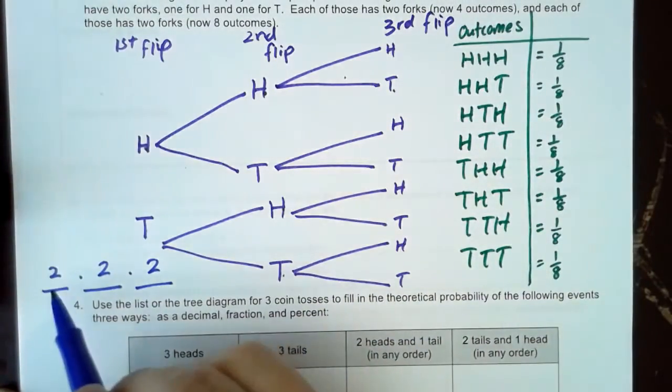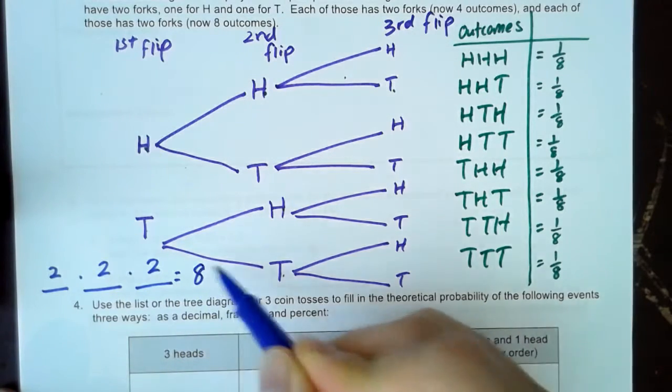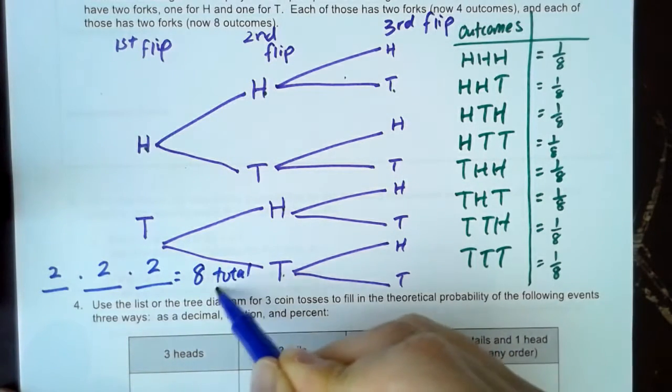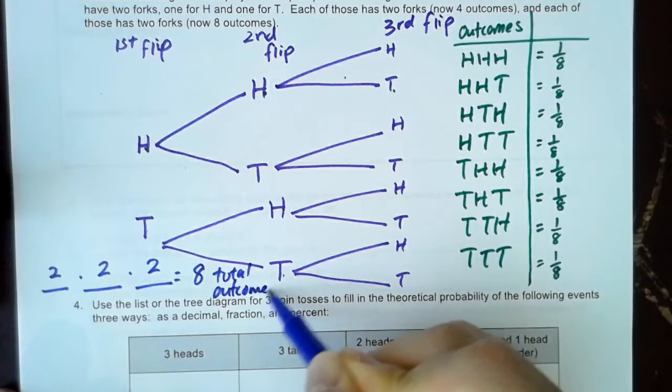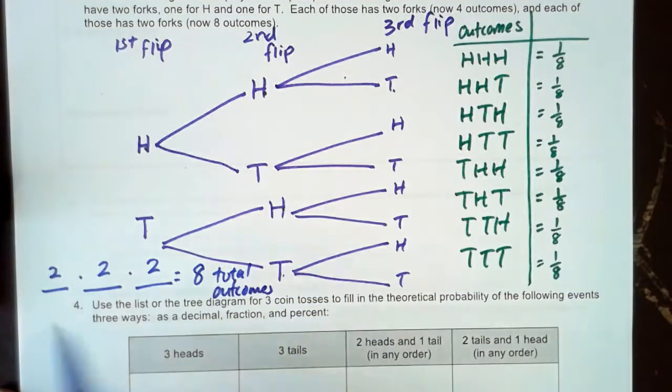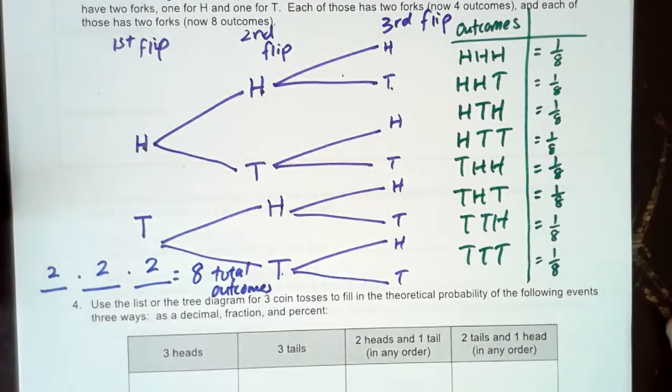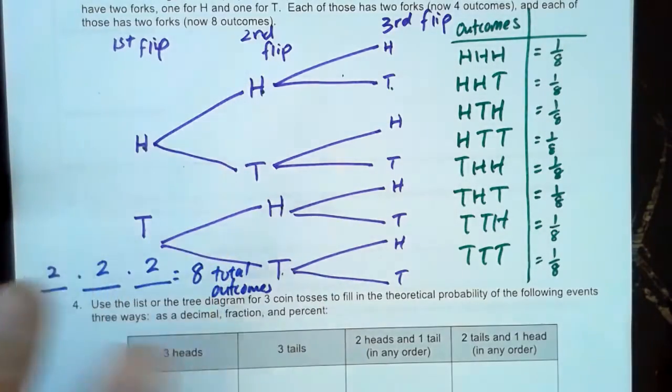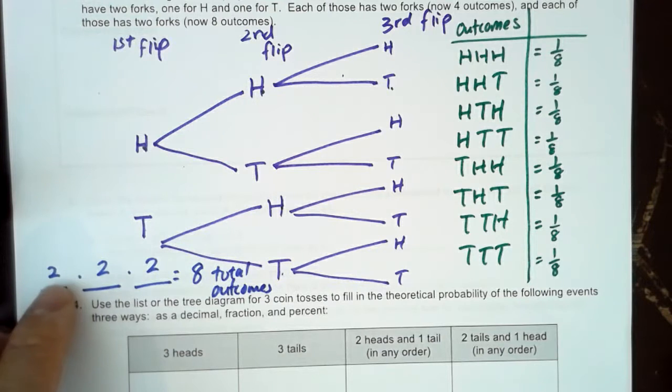And that's exactly why we had a total of 8 total outcomes, right? Because each flip had 2 outcomes, and we just had to multiply them together. It's not 2 times 3 though, because each total outcome for the event has to be multiplied by every event, and it's 2 times 2 times 2.